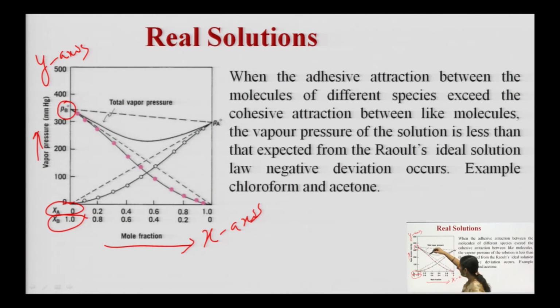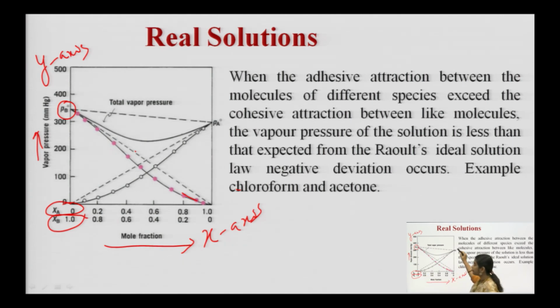If it had followed Raoult's law, the dotted line would have represented its lowering of vapor pressure, but the solid line with the pink dots denotes the lowering of vapor pressure of B.